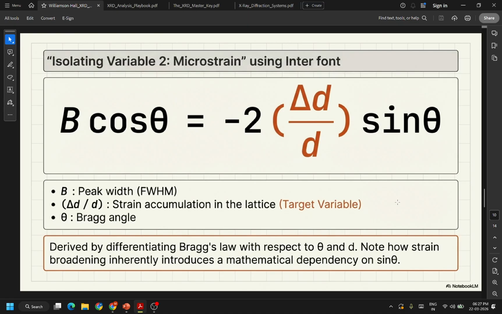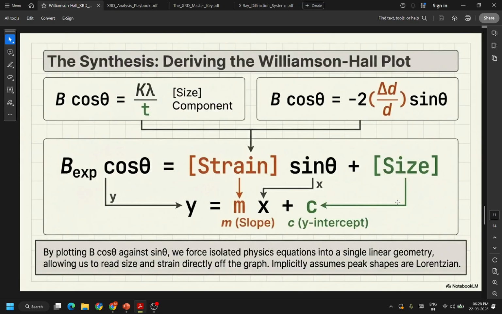So one theta function is dependent on the other theta function, and you cannot just randomly separate them out. Here the B cos theta value will be different for every peak, because the theta value is different for every peak. So sine theta is different for every peak, so B cos theta will be different for every peak. So you will not get a constant value if you have both strain and size involved, or just strain involved.